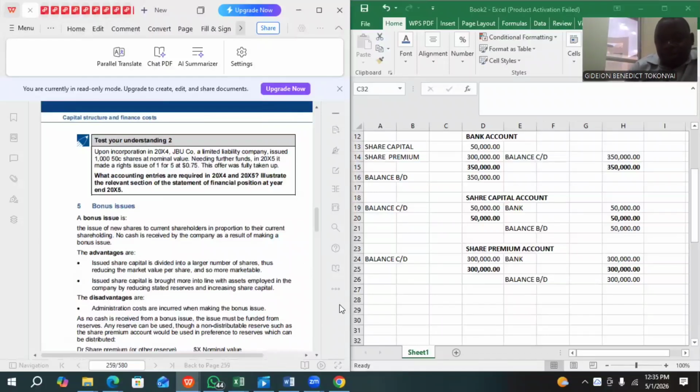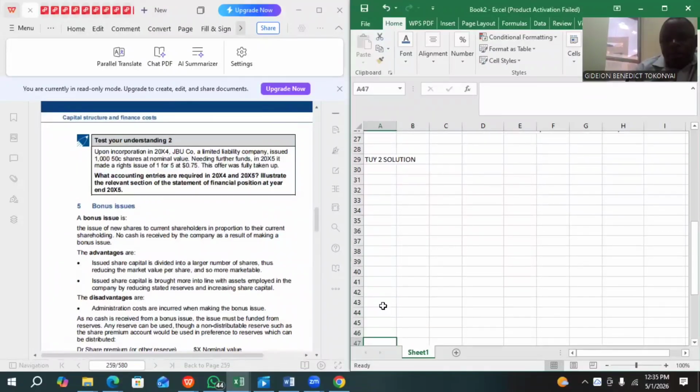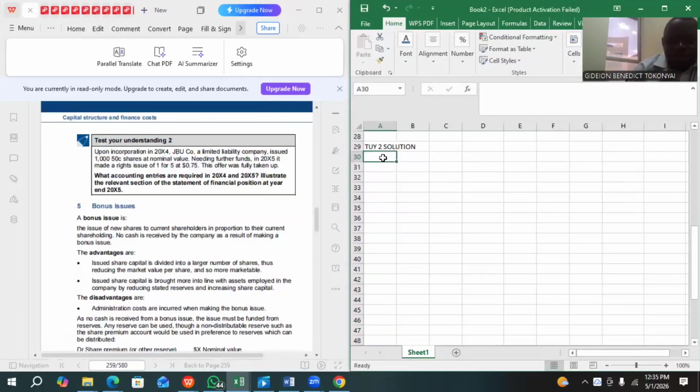The issue here means you should do journal entries. For the solution, we have to open our journal entries, with our DR and CR columns. For J1, in 20X4, shares were issued at nominal value and 1,000 shares were available for issue.